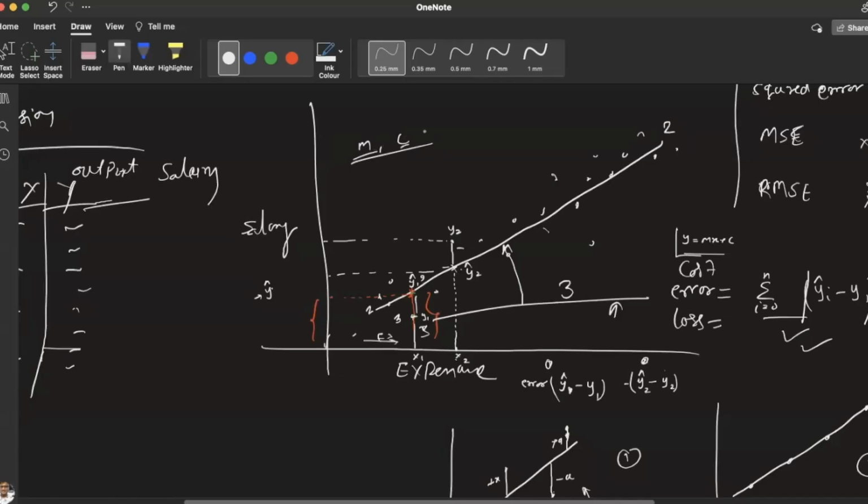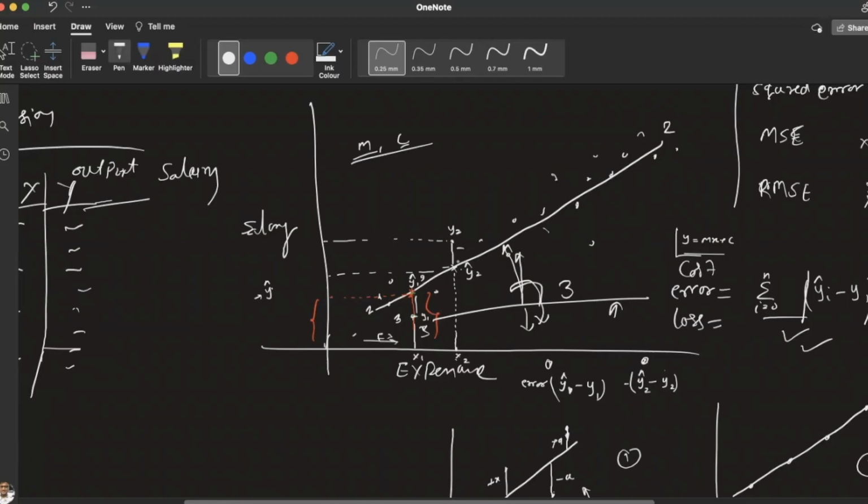M is the coefficient and C is the intercept. If you change these parameters of a line, you will see the line move. If you increase C, the line will go up. If you decrease C, the line will go down. If you increase or decrease M, it will rotate. So we have 2 degrees of freedom here.